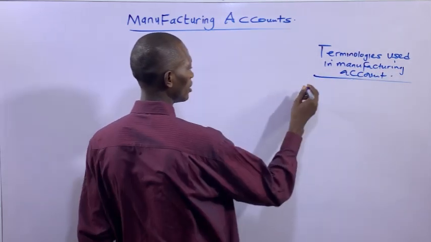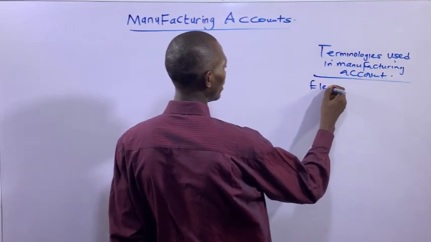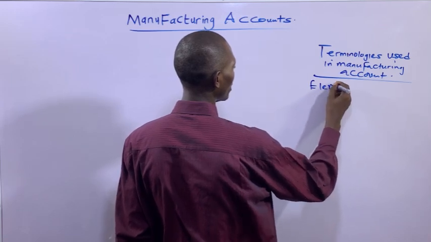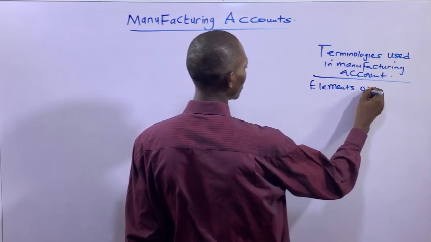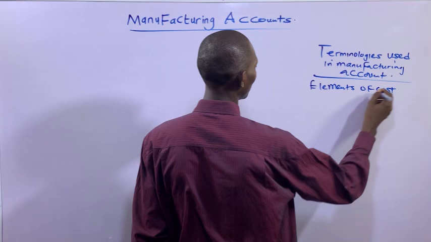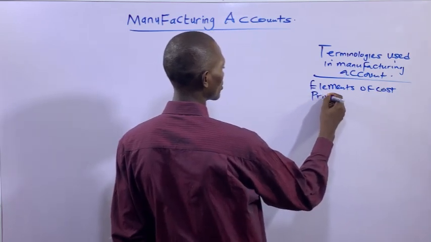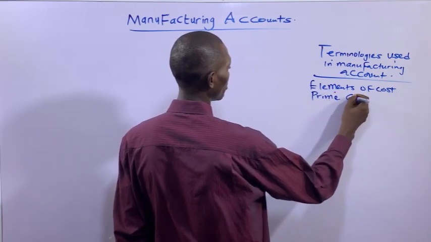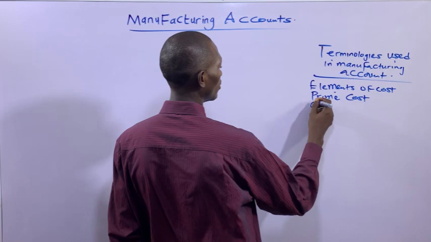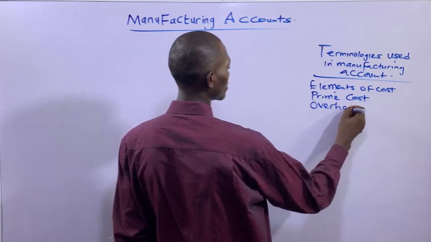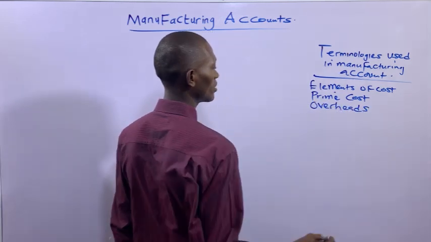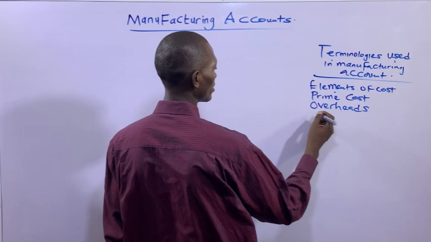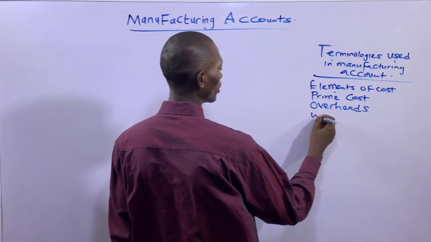So we're going to be looking at elements of costs. Then we are going to look at prime costs. Then we're going to look at overheads. We're also going to look at work in progress.